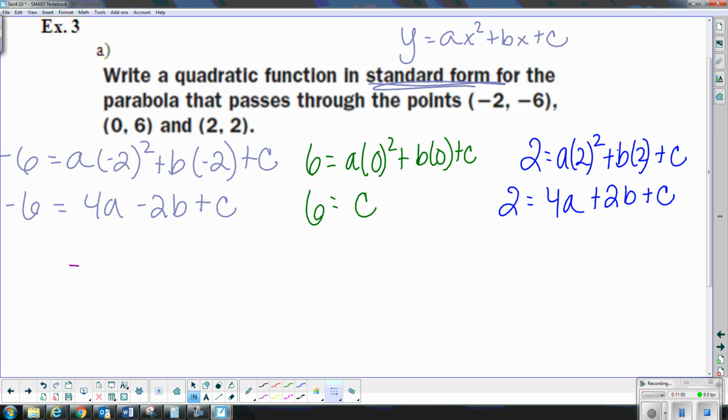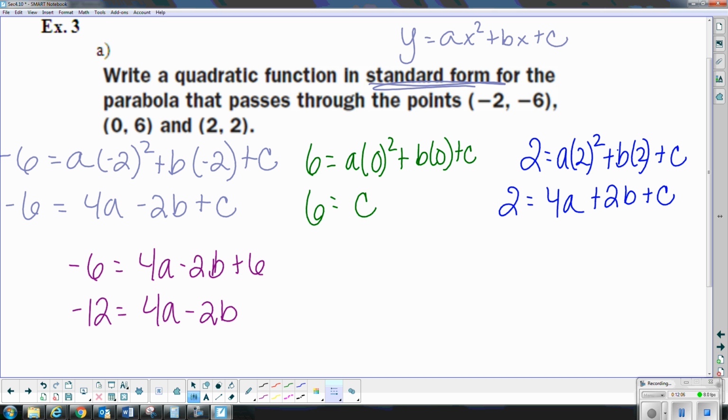So the first one, negative 6 equals 4a minus 2b plus 6. And I'm going to simplify this. I'm going to subtract 6 from both sides. So I get negative 12 equals 4a minus 2b.